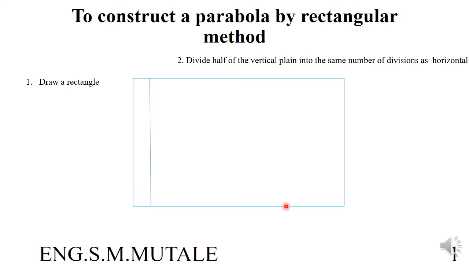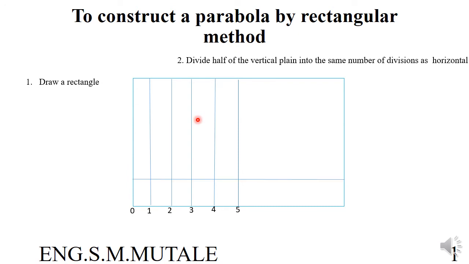For this one I chose to divide it into 5 equal parts. So if from here to there it's 10 millimeters, you can make divisions of 2 millimeters each, so you end up having those.